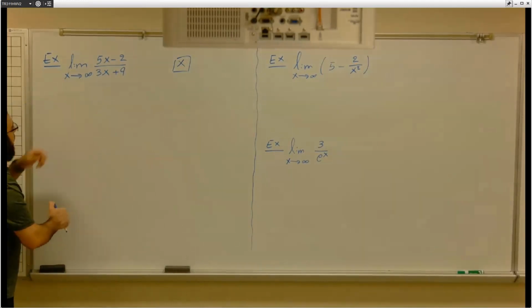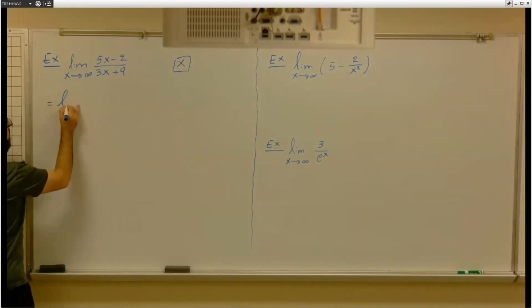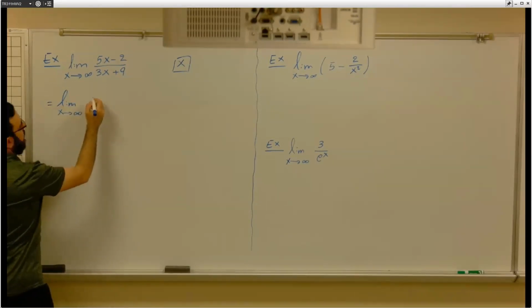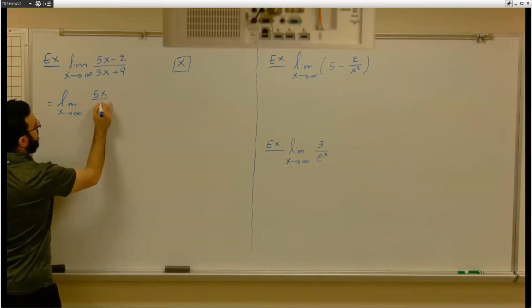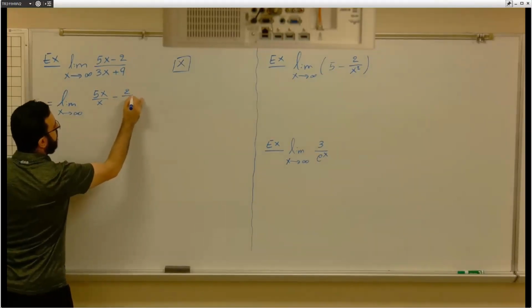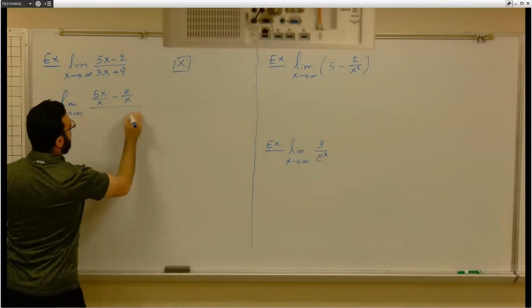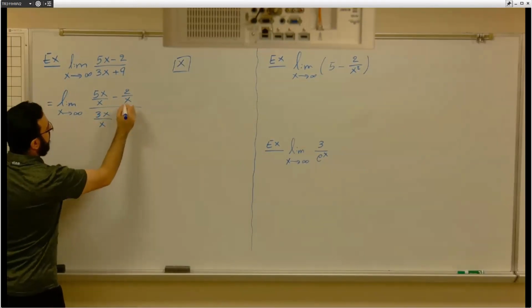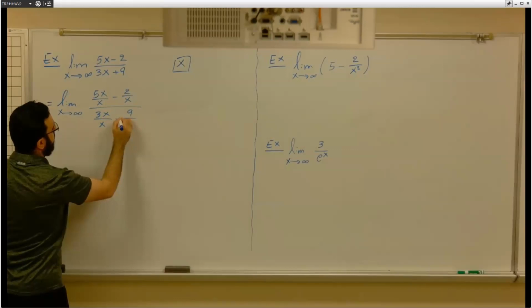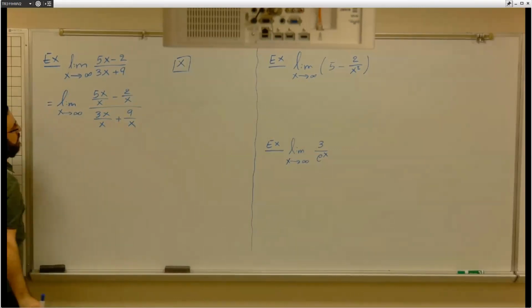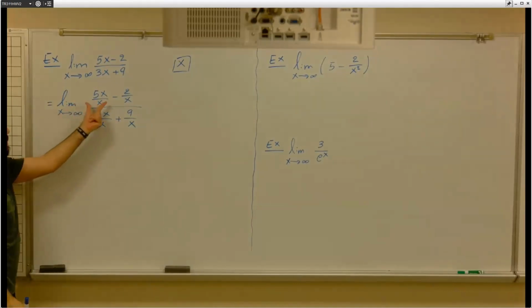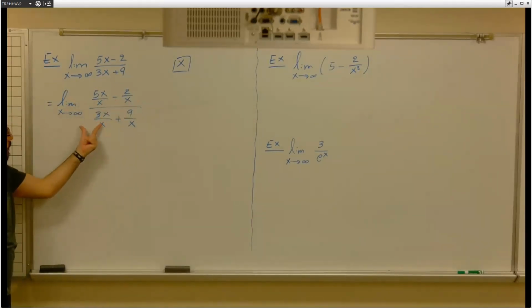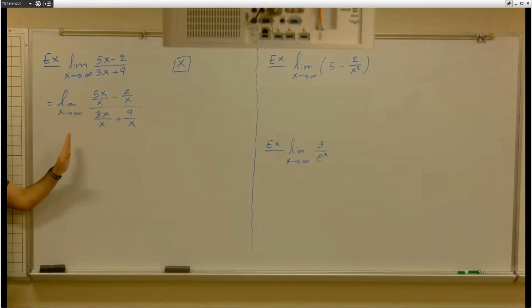So in this case, for this example, it's going to be the limit as x approaches infinity of 5x divided by x minus 2 divided by x, everything divided by 3x divided by x plus 9 divided by x. We already know the limit is going to go here, here, here, and here. So I don't have to distribute the limit.